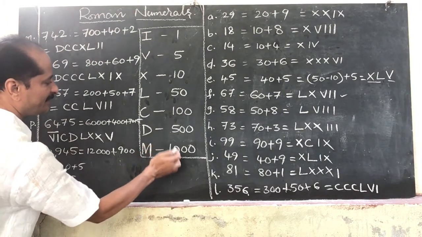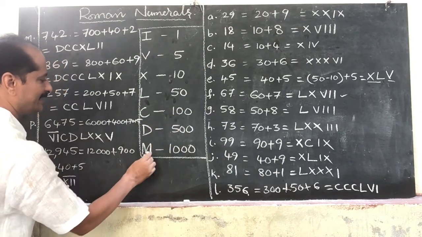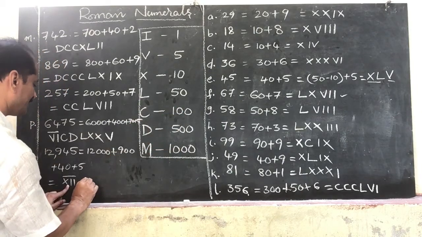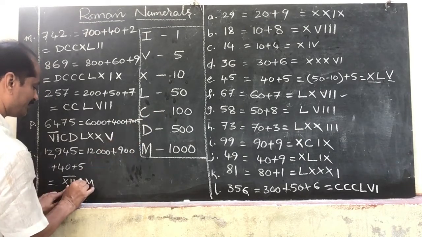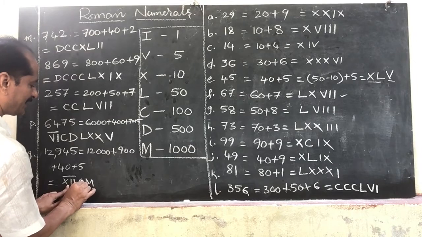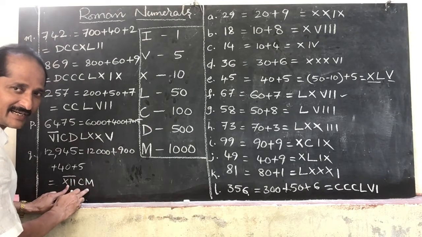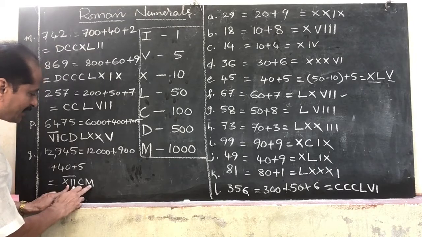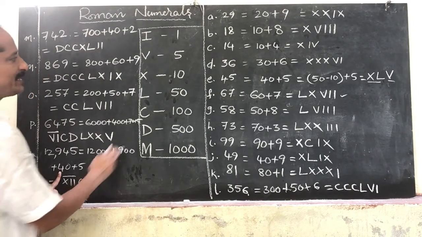900 is between 500 and 1000. So from 1000, if you subtract 100, you get 900: CM. M means 1000 minus 100. We have to write on the left side, because if you write a smaller symbol on the left side, it is to be subtracted. So 1000 minus 100 is 900. 40: where is 40?